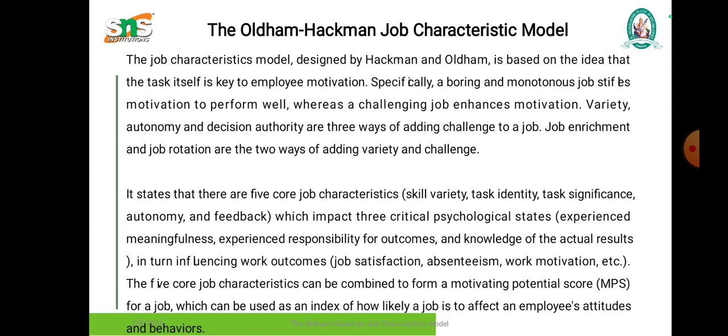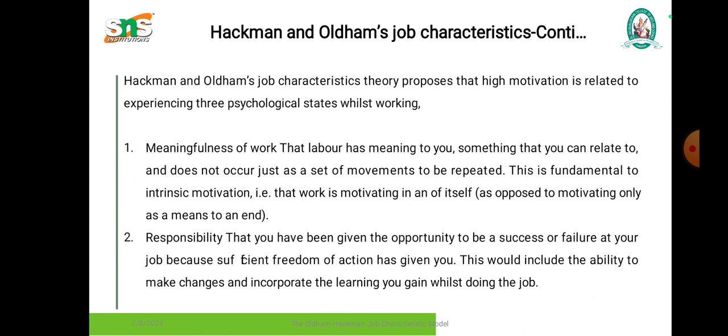The outcomes are job satisfaction, absenteeism, work motivation, etc. So these are the impact and outcome of the job characteristics model.